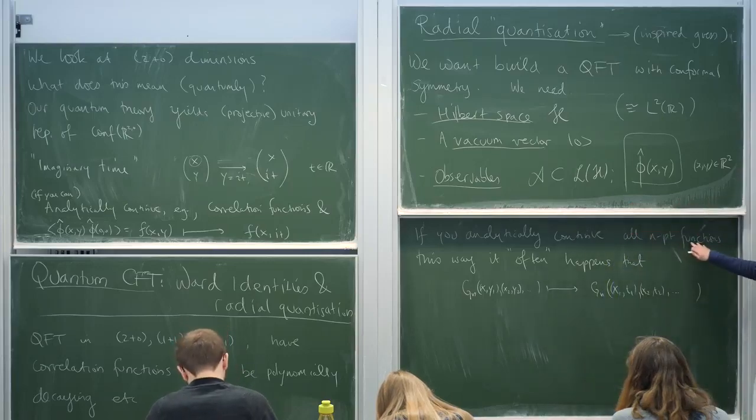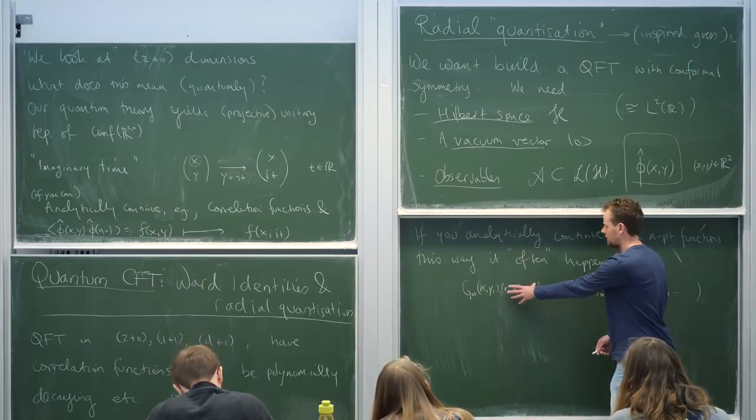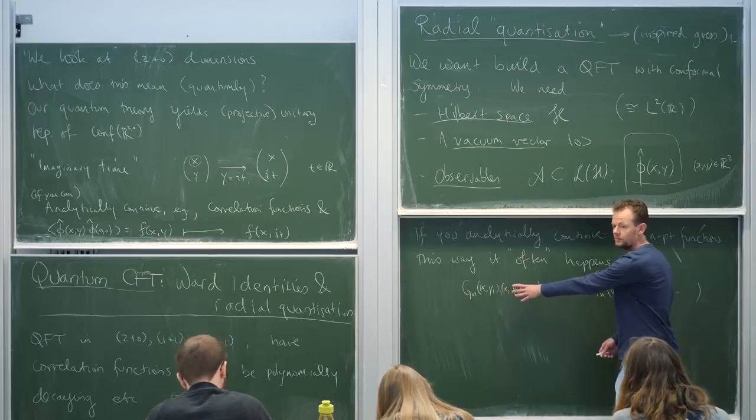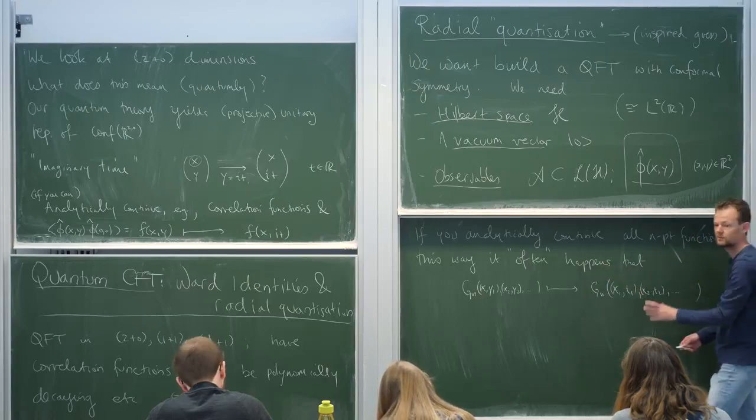So it often happens that the n-point functions, we call them G_n here, which were rotationally invariant and conformally invariant here, become invariant under the conformal group of R^(1+1).